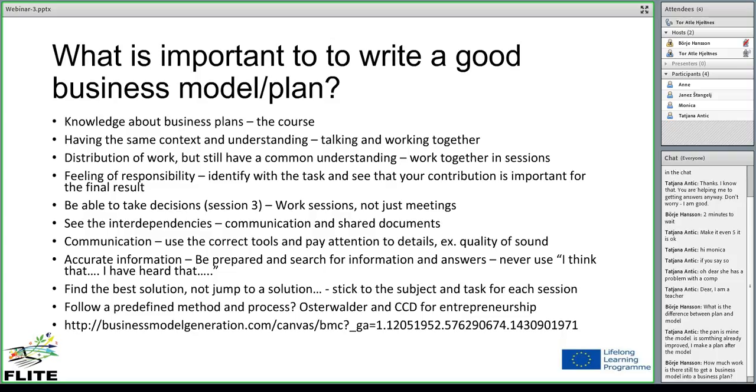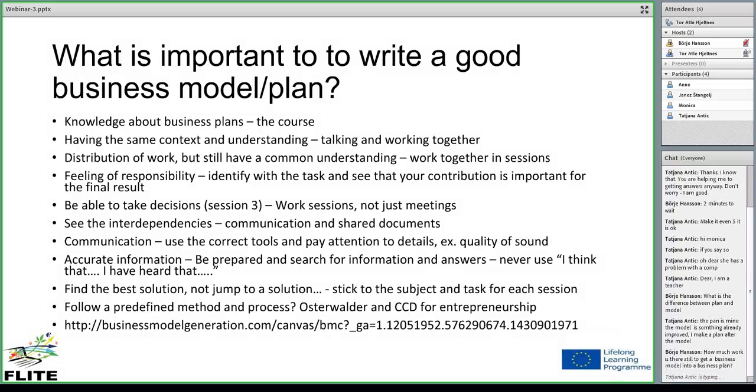Another thing that we know will help you on the way to making a good business plan is that you follow a predefined method and process. We have chosen to use the Osterwalder canvas model, and we have also chosen to have a process based upon some principles from concurrent design.